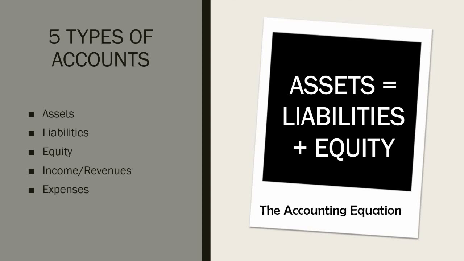All right. Income slash revenues, okay, depending on what kind of activity you are, whether you do service, whether you do merchandising, or whether you're a manufacturer. The whole point of revenues and income is to sell an item, okay?